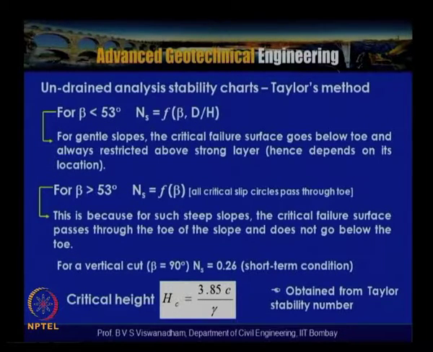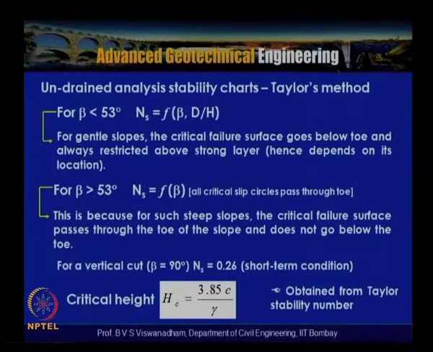For beta greater than 53 degrees the stability number is found to depend only on the slope inclination, and the failure surface is assumed to pass through the toe of the slope. So all critical slip circles pass through the toe, because for such steep slopes the critical failure surface does not go below the toe.